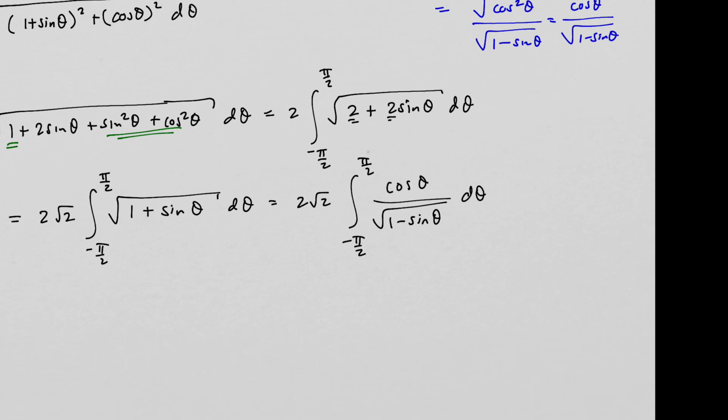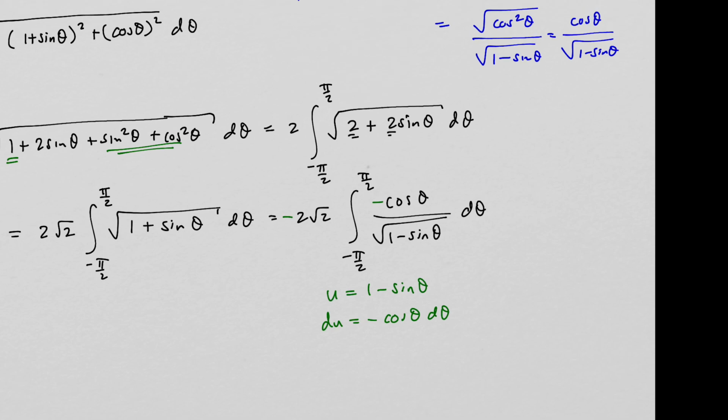Now this requires a u substitution. I'm going to let u equal 1 minus sine of theta. du will be negative cosine of theta d theta. We'll put a negative here and a negative here. And this is going to become negative 2 square root of 2 integral of du over the square root of u, and the new limits of integration are going to be 2 and 0.